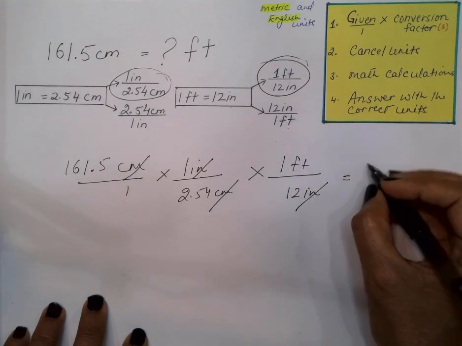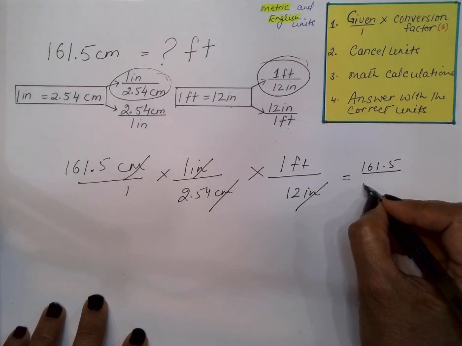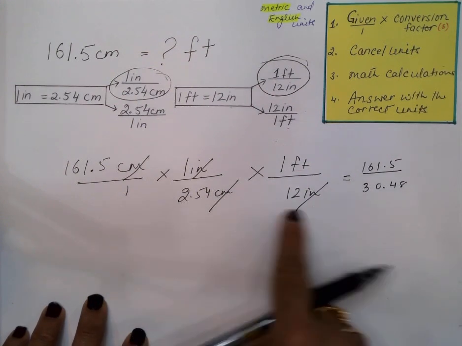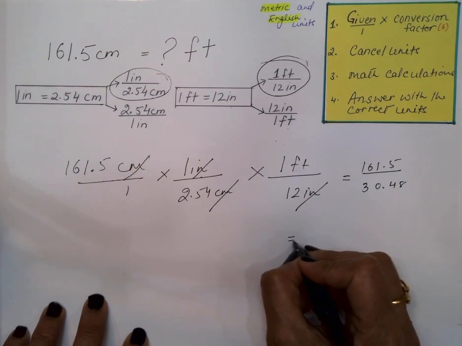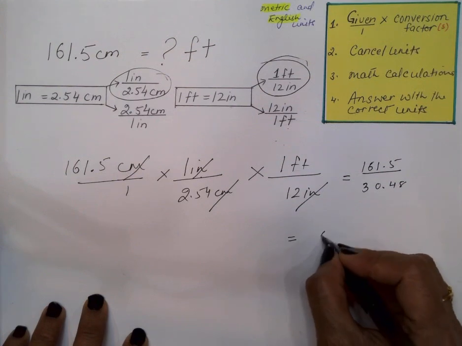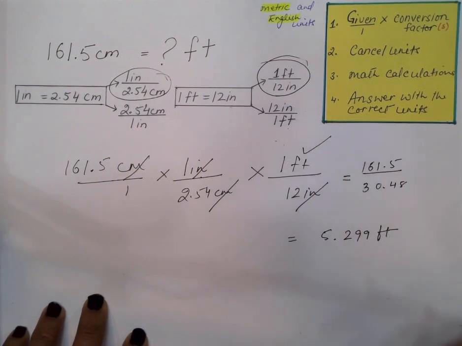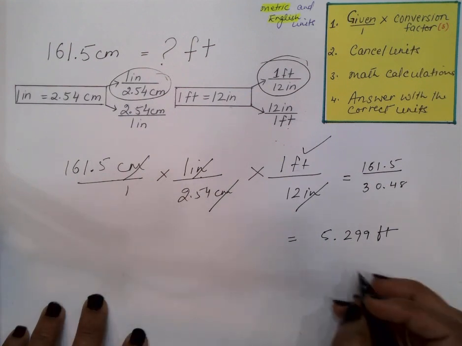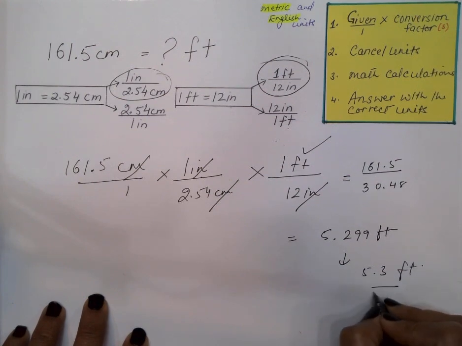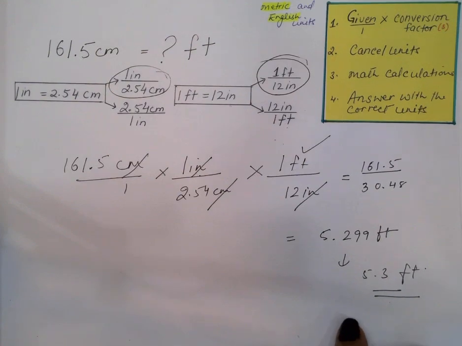So 161.5 on top, and 30.48 when you multiply the bottom. Now when you divide both these numbers, don't forget to put the units. It is 5.299 feet. So you see, only the feet is left, the rest of the units get cancelled out, which is equivalent to 5.3 feet. Don't forget the units. Always remember to use the units.